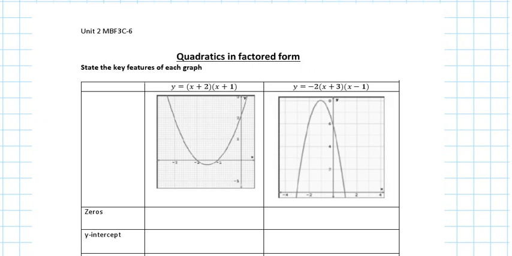Now, one of the forms of quadratic is called the factored form. And that's why we learn how to factor. Because remember, there's three different forms of quadratic. We learned the vertex, right? We talked about the expanded form, the standard form, right?